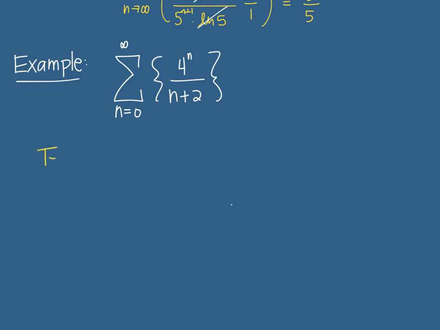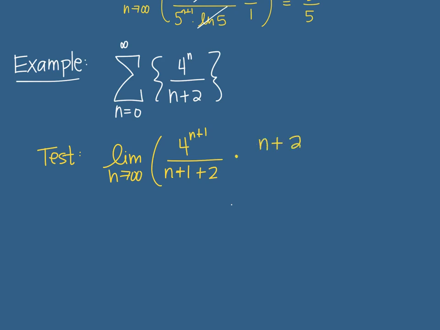All right, but I'm just going to do the ratio for practice. Okay, so we want to take the limit as n approaches infinity. You want to do the second term divided by the first term. So I will have 4 to the n plus 1 over n plus 1 plus 2, which is n plus 3, times n plus 2.